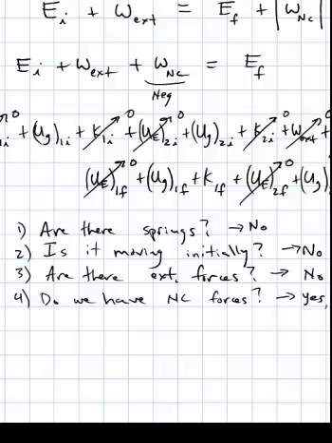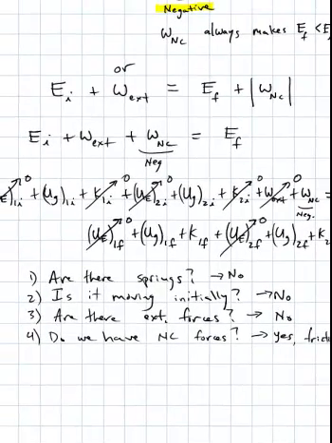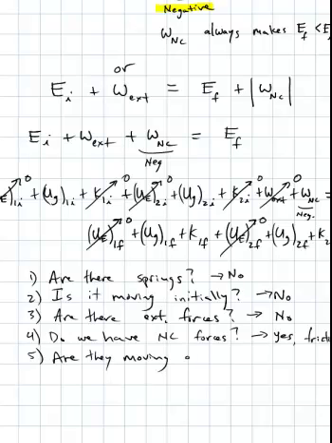Yes, friction. So we need that work done by non-conservative forces term. Can't set it to 0. Are they moving at the end? Yes. Both boxes will have kinetic energy at the end.